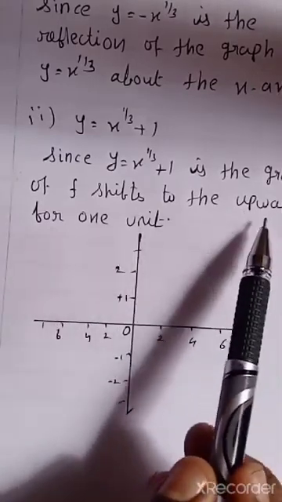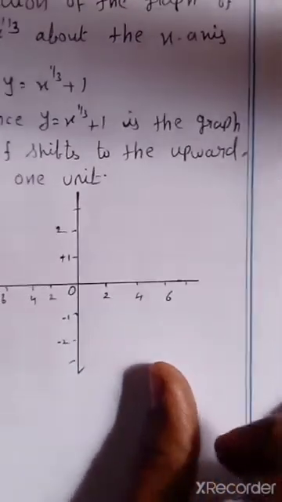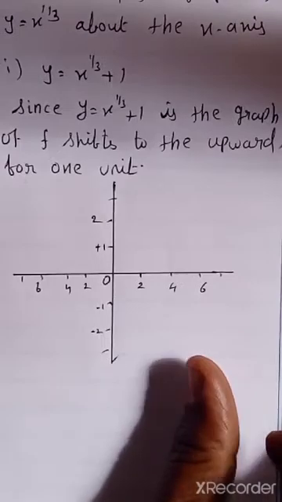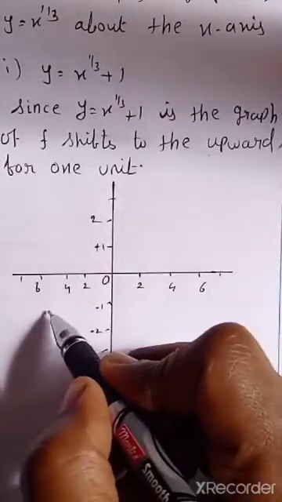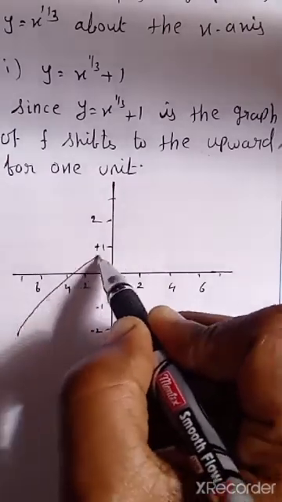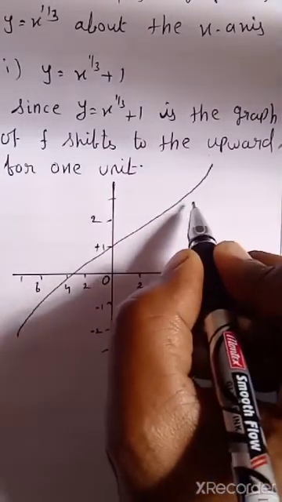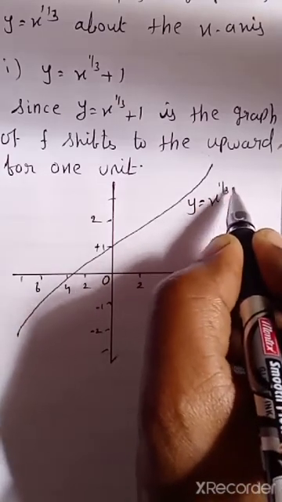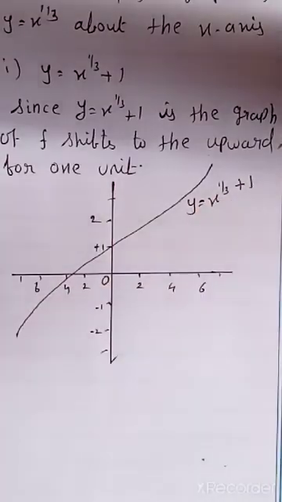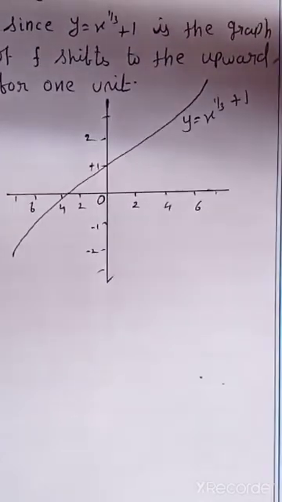We have to move upward. So your diagram will be like this. Move upward. So this is your y equals x power 1 by 3 plus 1. Is that easy? Is it clear?